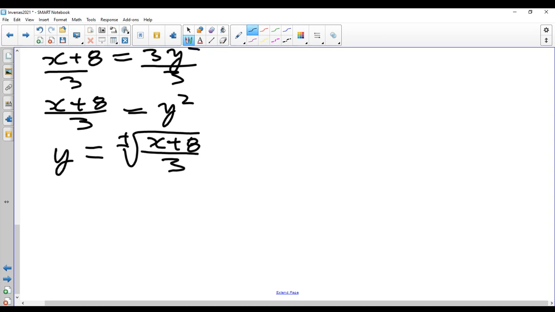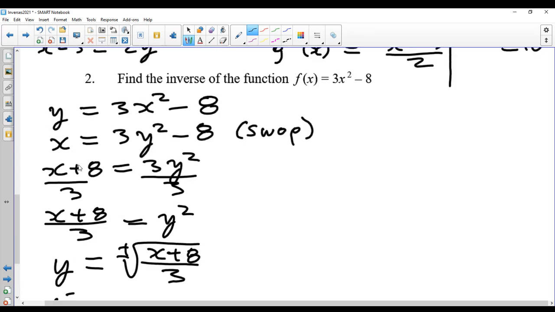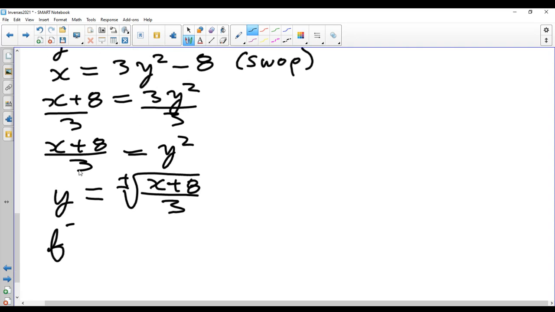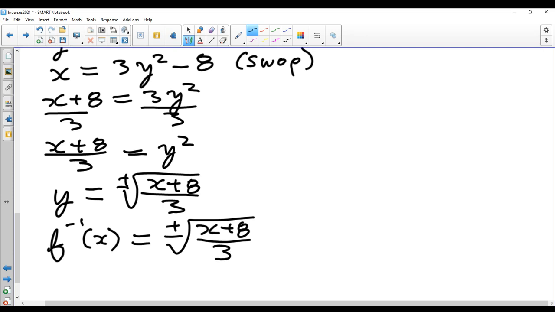So f to the minus 1 of x is equal to plus and minus square root of x plus 8 over 3.